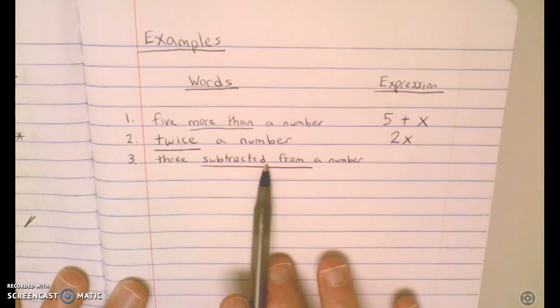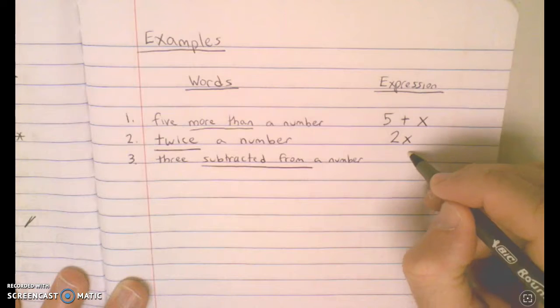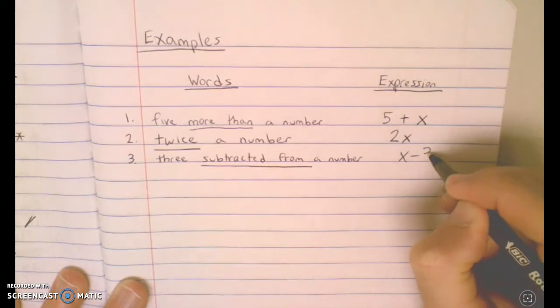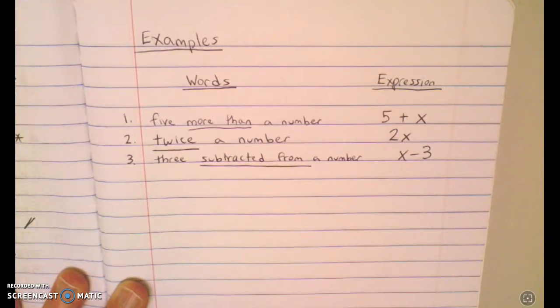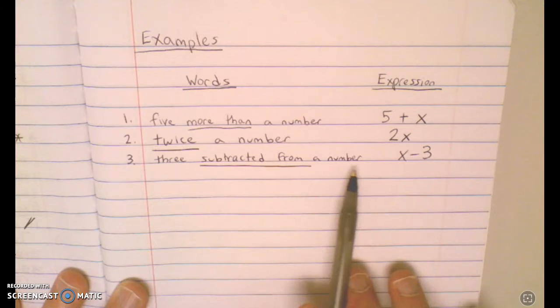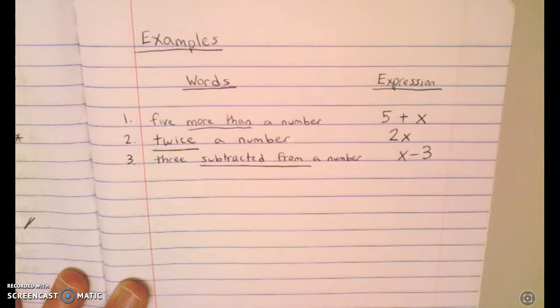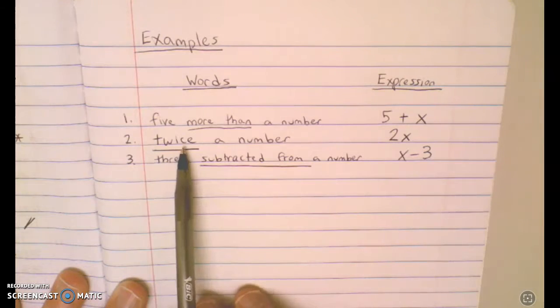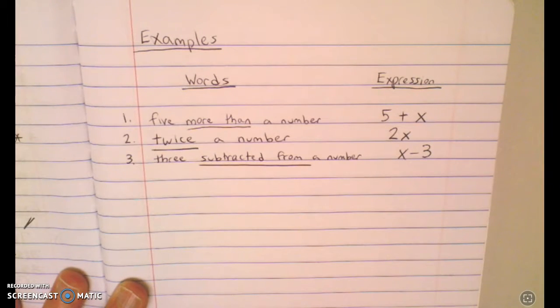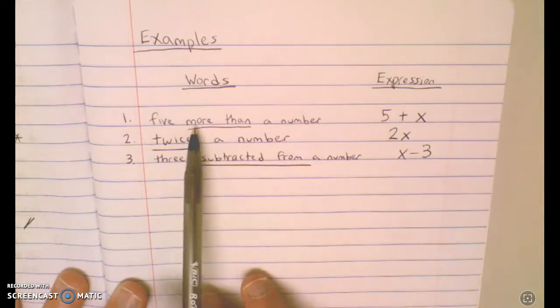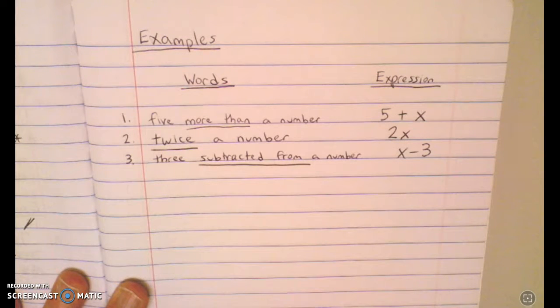So 3 subtracted from a number means I take that number minus 3. So another way of writing this could have been a number minus 3. Or in this case, number 2, you could say a number times 2, or 5 plus a number. So there are multiple ways to write these problems.